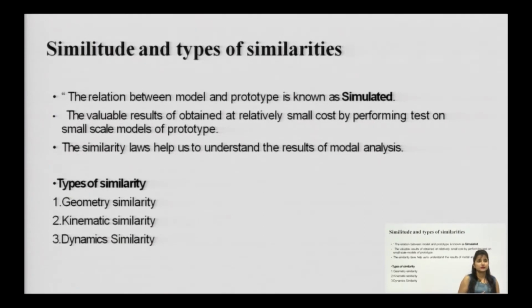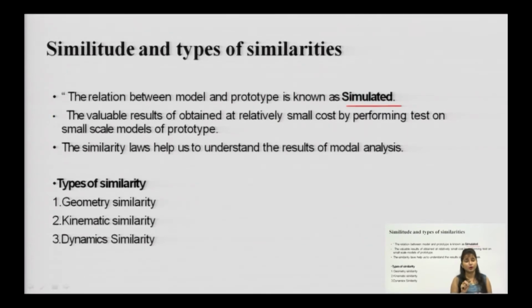Coming to similitude and the types of similarities which we have in models and prototypes. The relation between a model and prototype is known as similitude. Valuable results can be obtained at relatively small cost by performing tests on small scale models of the prototype.